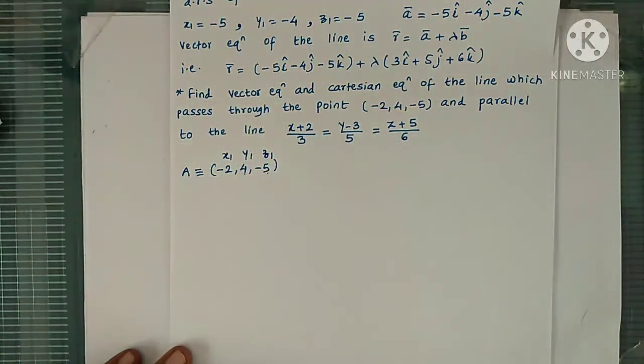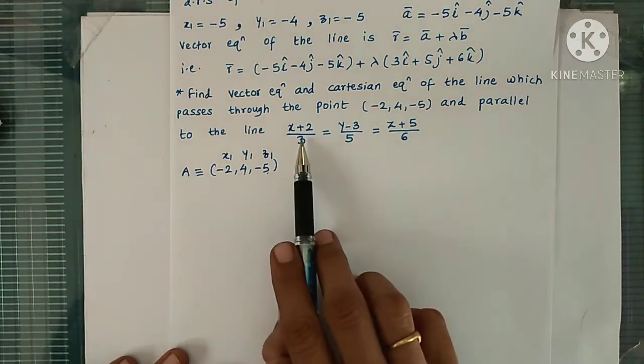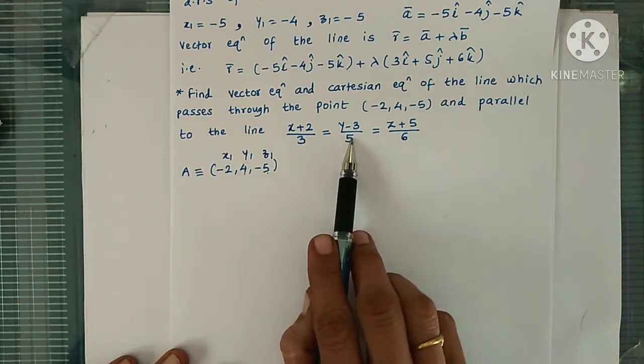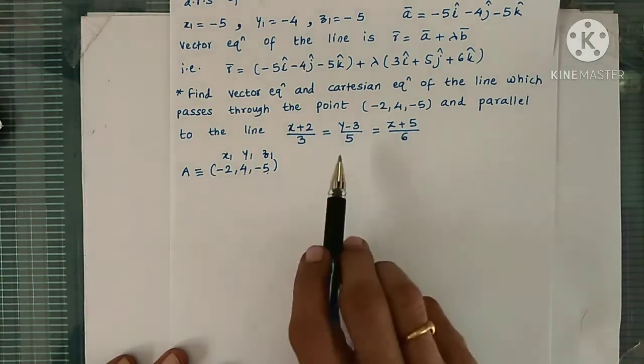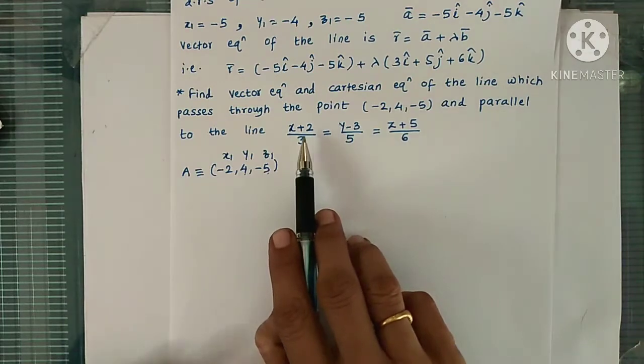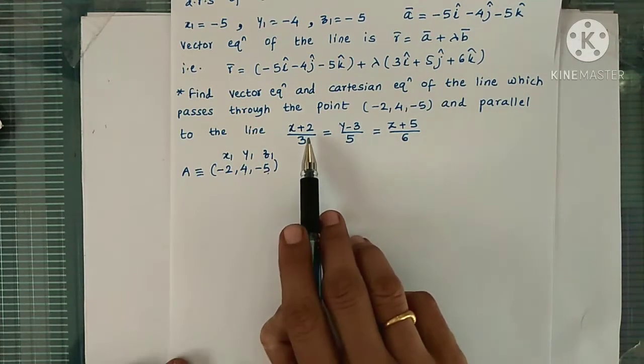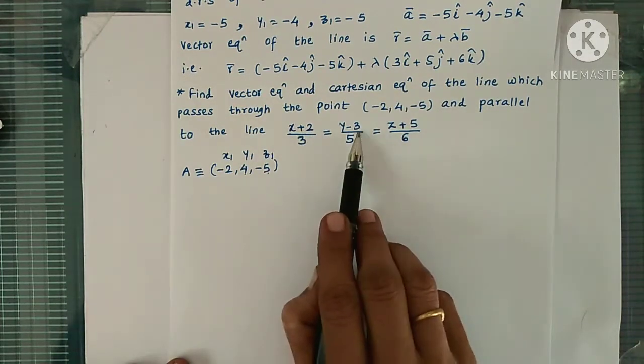Now the next part is that a line parallel to the required line is given. So the equation of the given line is (x plus 2) upon 3, (y minus 3) upon 5 equal to (z plus 5) by 6. What we have is a point on this second line, that is (minus 2, 3, minus 5).